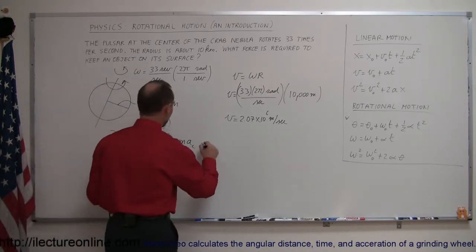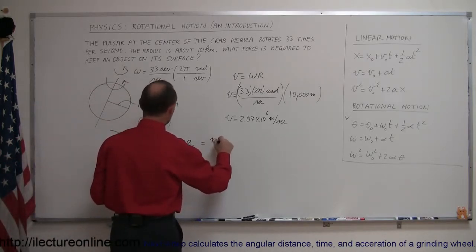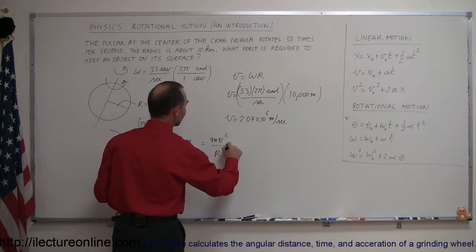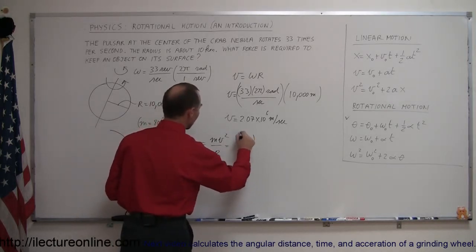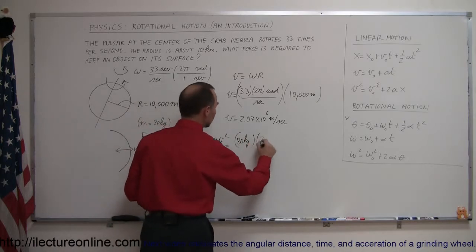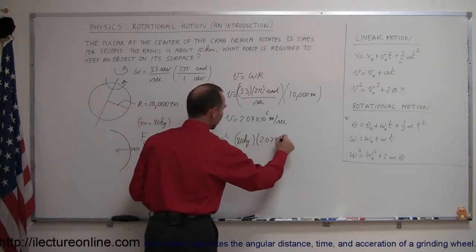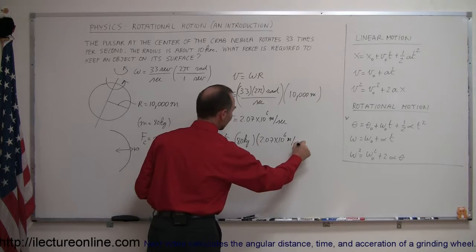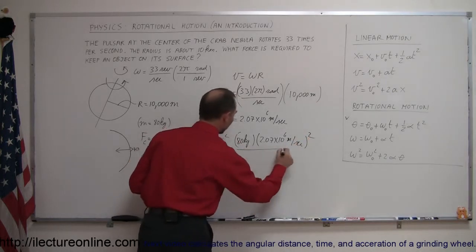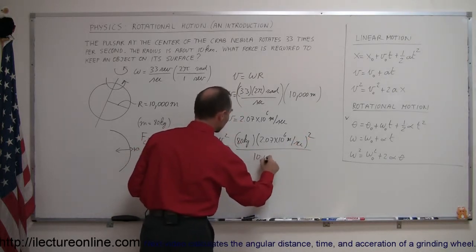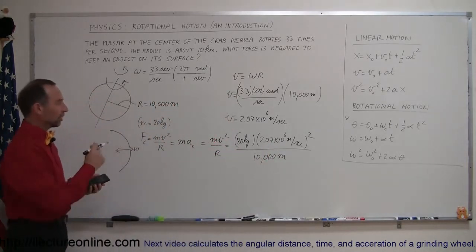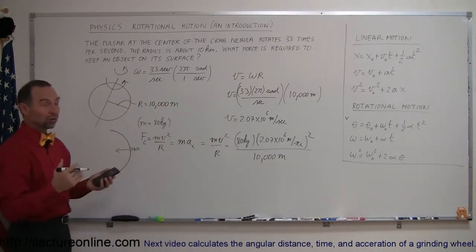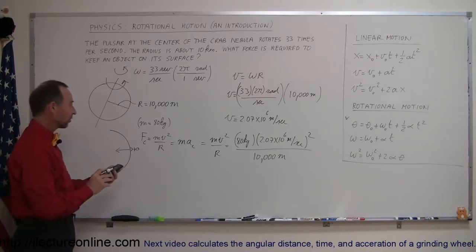So we're now going to say that this is equal to m times v squared over r, which is equal to the mass. We took a typical person of 80 kilograms times the velocity squared. That would be 2.07 times 10 to the 6th meters per second. We square that, and we divide the whole thing by the radius, which was 10,000 meters. And that gives us kilograms meters per second squared, which is the units of newtons, or force. So let's do that.